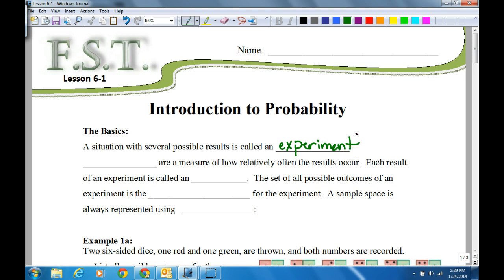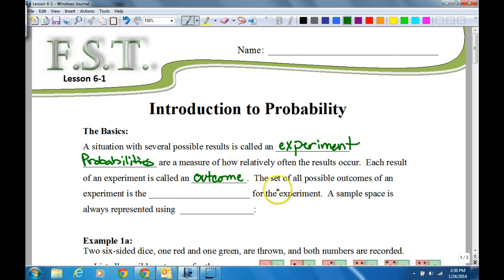Probabilities are a measure of how relatively often the results occur. Each result of the experiment is called an outcome.